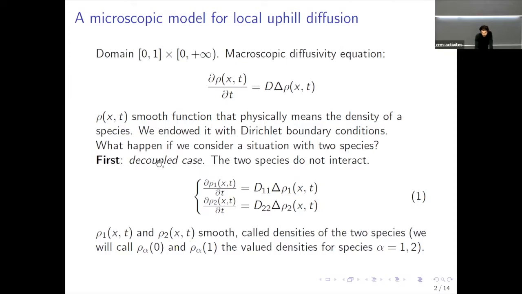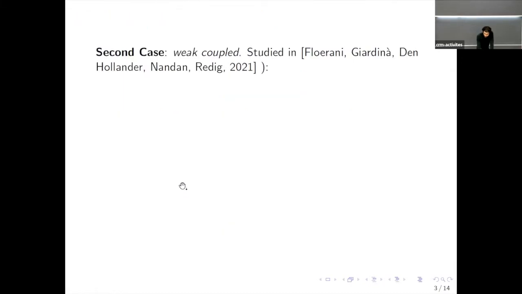Here we always assume that rho 1 and rho 2 are two smooth functions, the densities of the species, and we assume that we have a Dirichlet boundary condition on the boundary of the domain, and we denote them by rho lowercase alpha 0 or 1, depending on the condition we are considering.